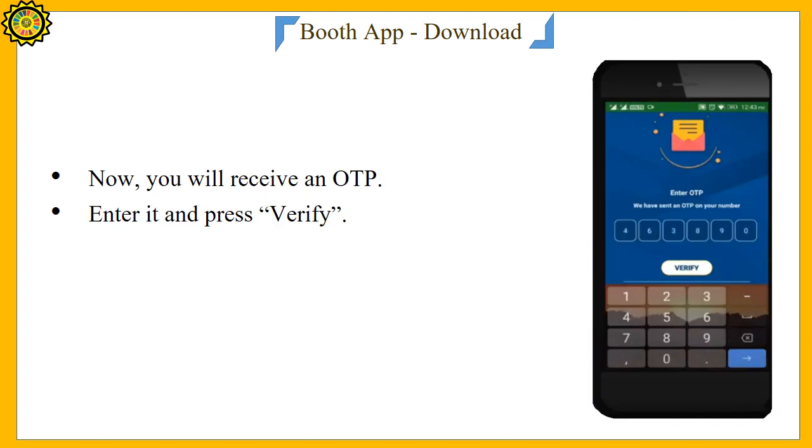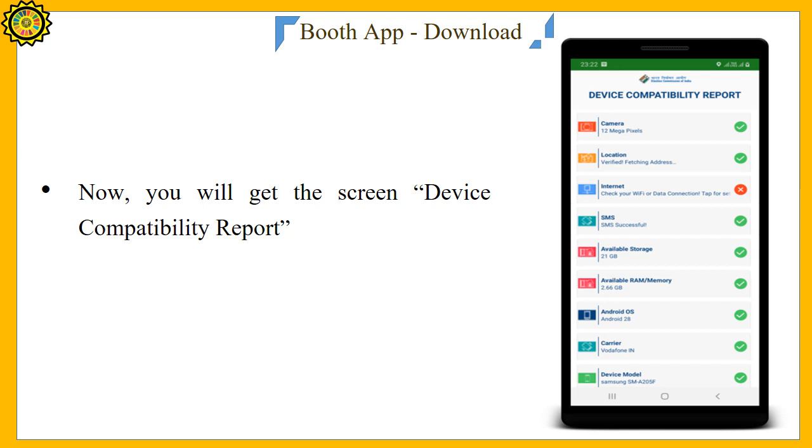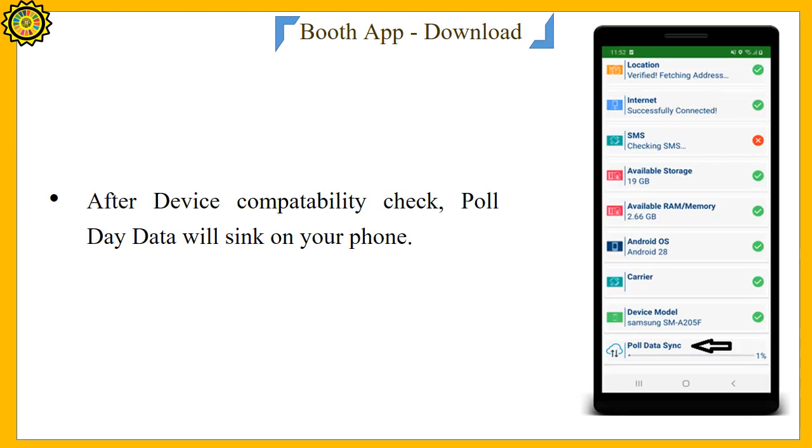You will receive an OTP. Enter it and press verify. Now you will get the device compatibility report screen. After the device compatibility check, poll day data will sync on your phone.